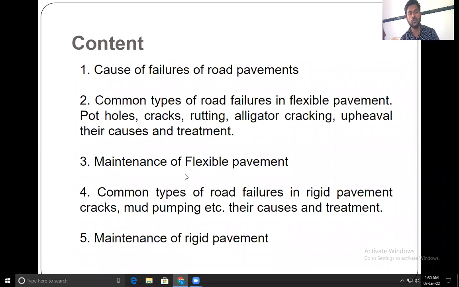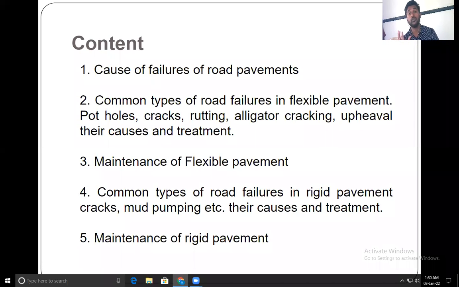Okay. Then the maintenance of the flexible pavement. First, we have to study the different types of failures. Then, according to that type of failure, we need to understand what type of remedial measures are to be done on that failure.